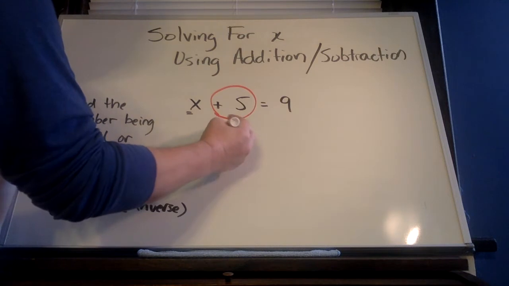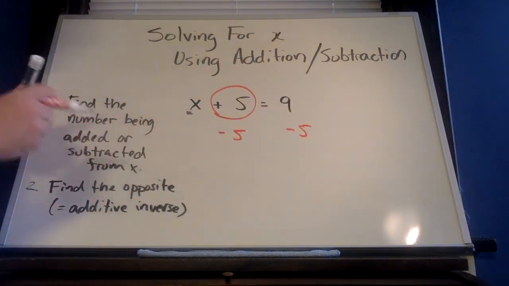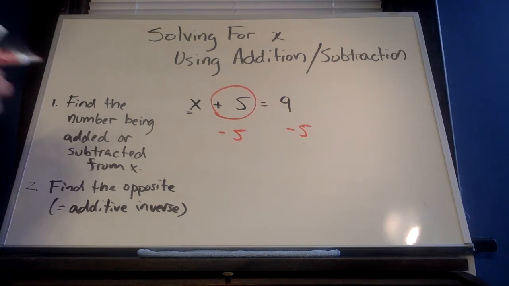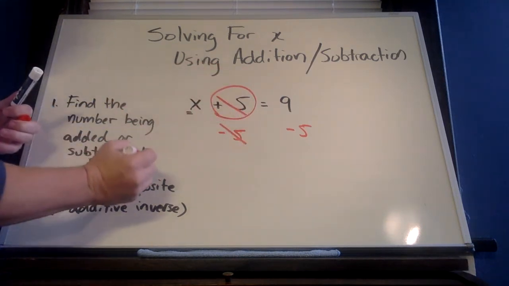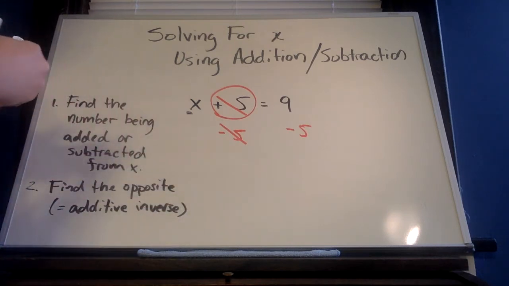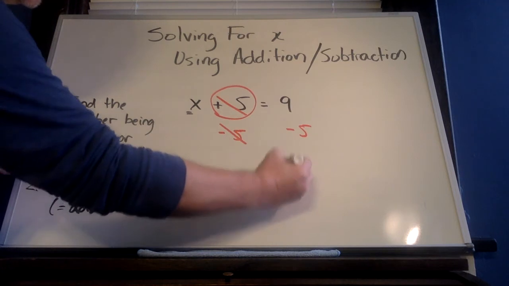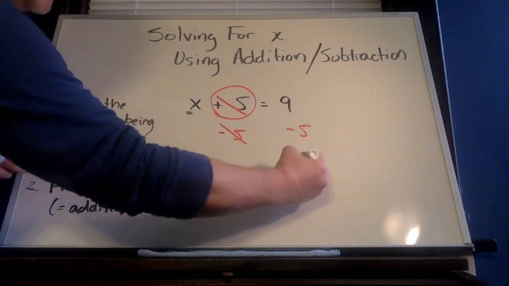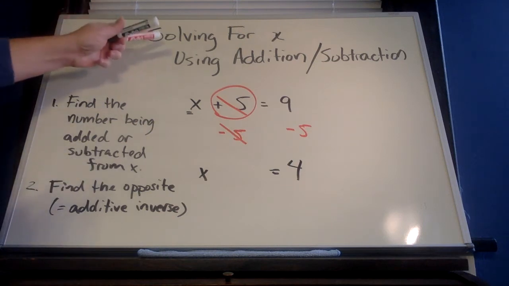So if I subtract 5 from this side, the golden rule says I have to subtract 5 from the other side. Plus 5 minus 5 are going to cancel each other out, and all that leaves me on this side is the x. 9 minus 5 on that side leaves me 4. So now we have solved for x.